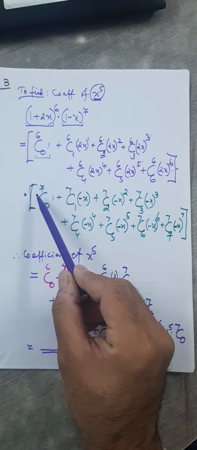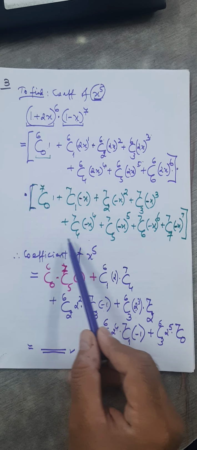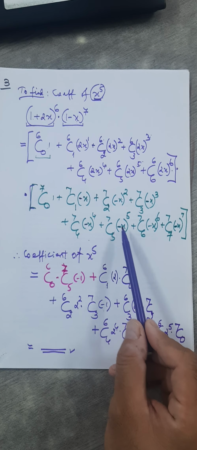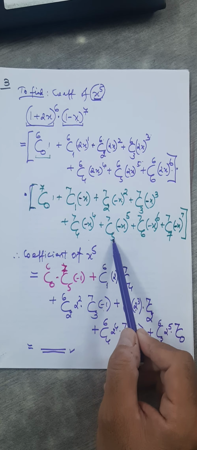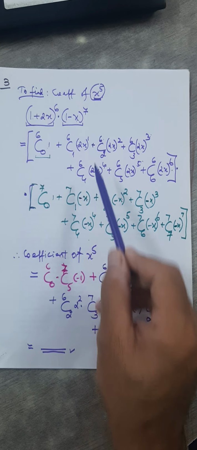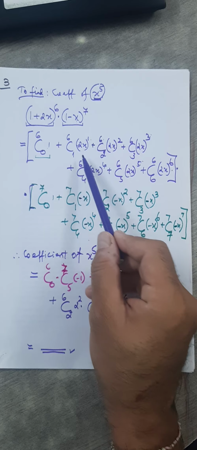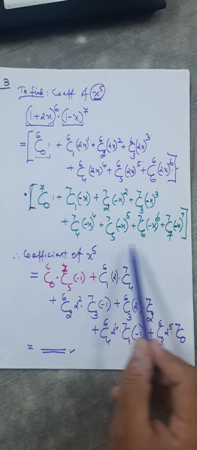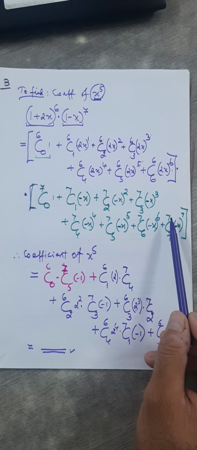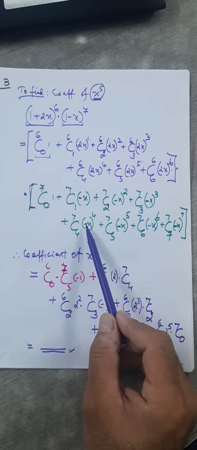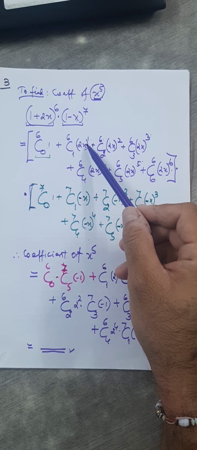With this, you multiply each of this. So where will you get x raised to 5 here? So 6c0 into 7c5 into minus 1. Here you have x raised to 1. Now this is multiplied with each of this. So you will get x raised to 5 if it is multiplied with x raised to 4, because x raised to 1 is there.